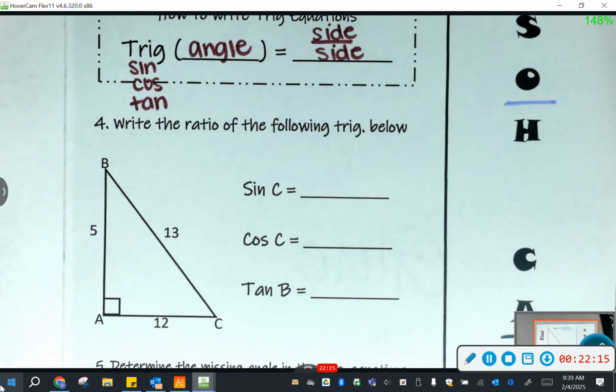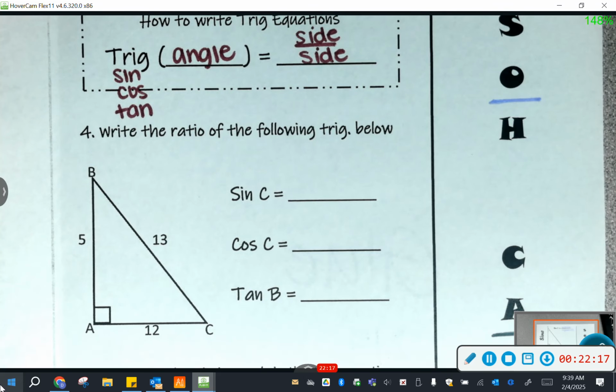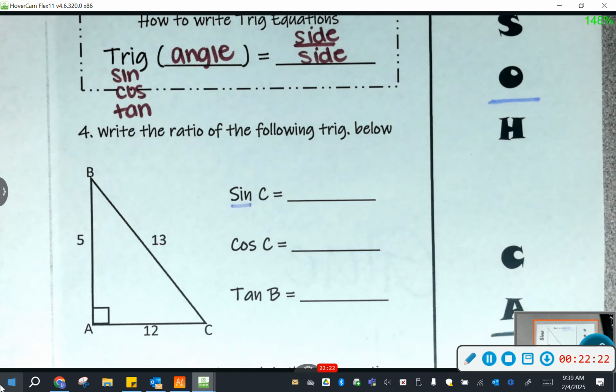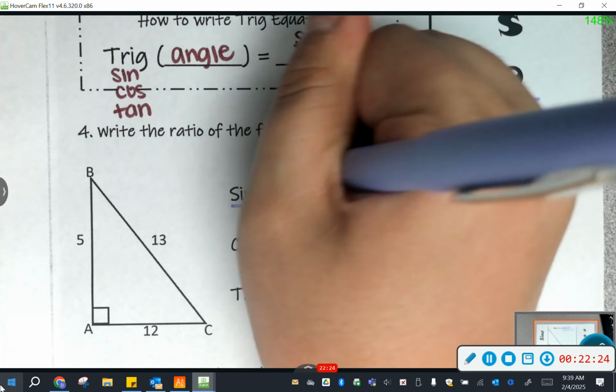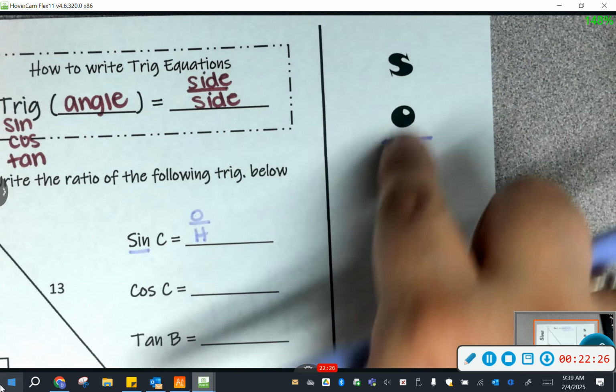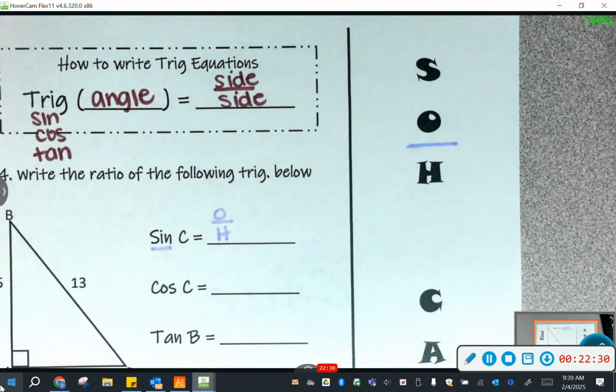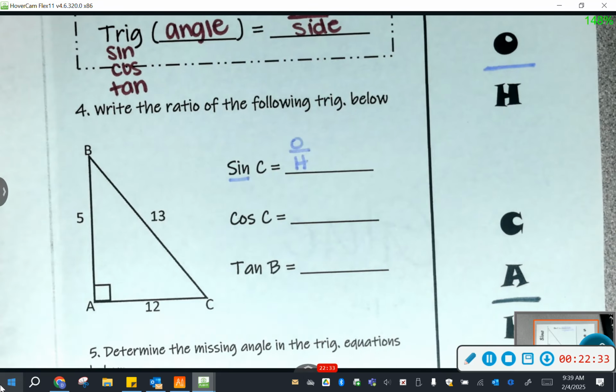For number 4, it wants the sine of C. What is sine? So I'm going to put O over H. By the way, if you forget, it's right here on the right-hand side. Sine is O over H. And what letter are we dealing with here?